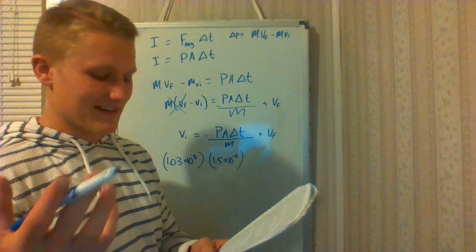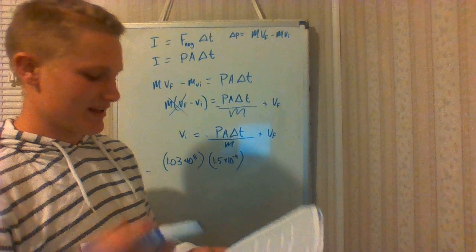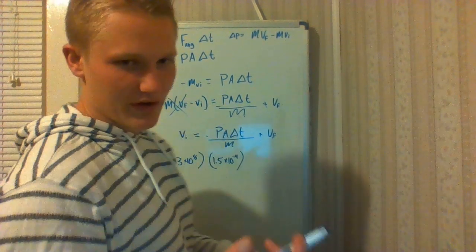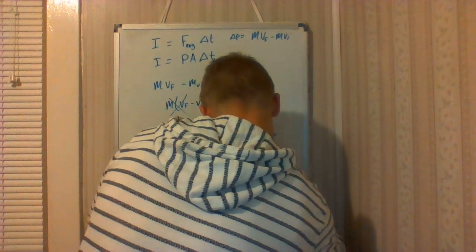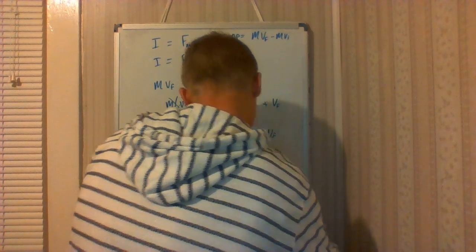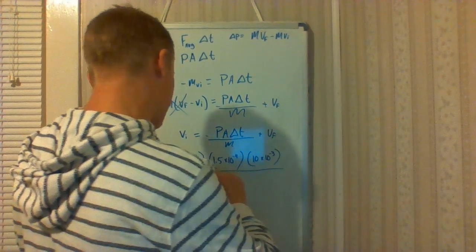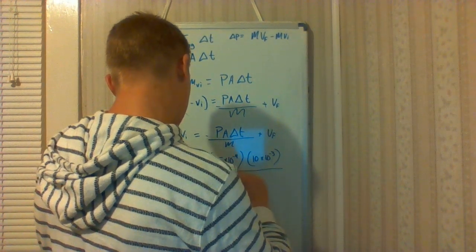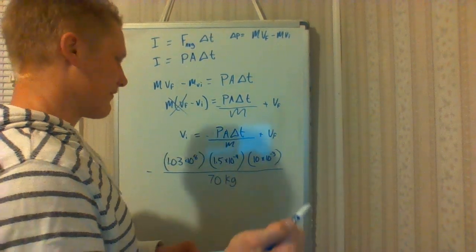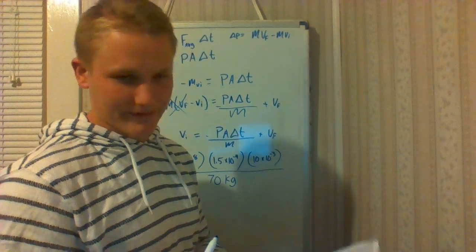And then your delta t from start to finish can only be 10 milliseconds, which is 10 times 10 to the negative third. Put that over our mass of 70 kilograms. And then we need to add our final velocity, but that's just 0, so you don't need to add it in.